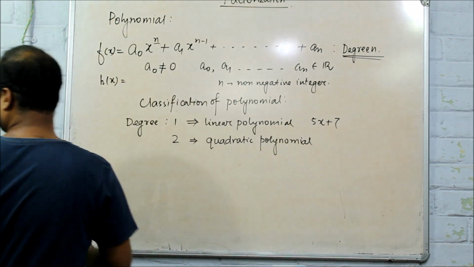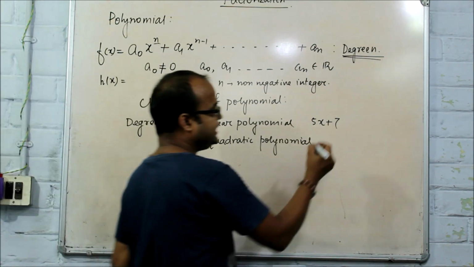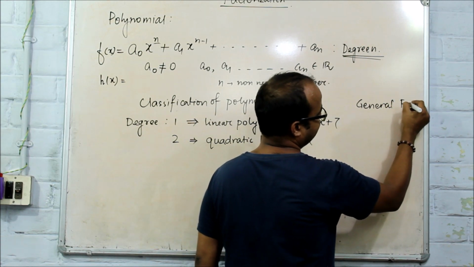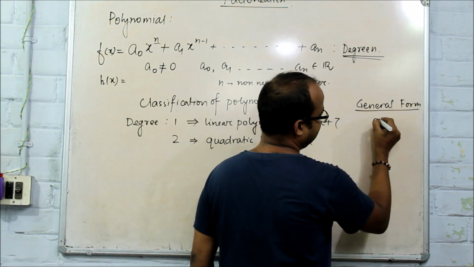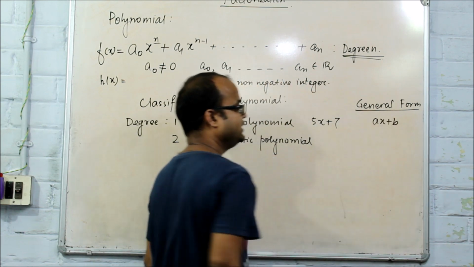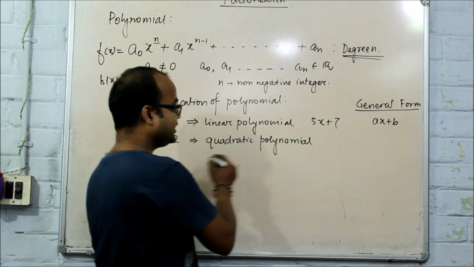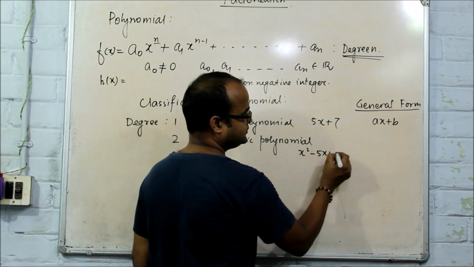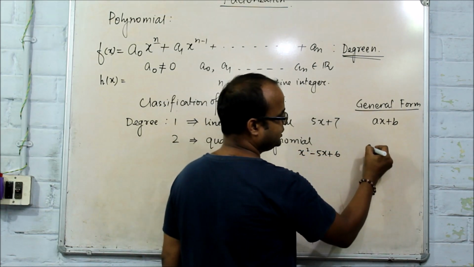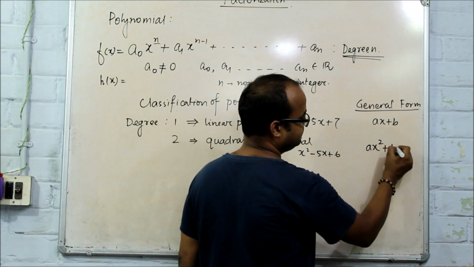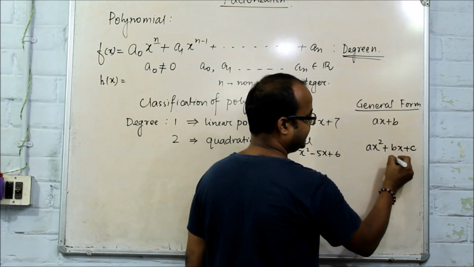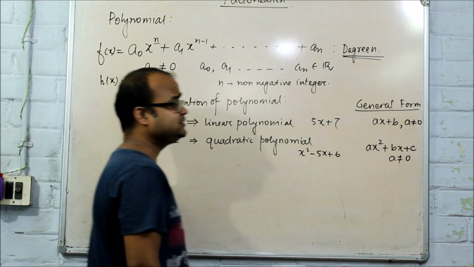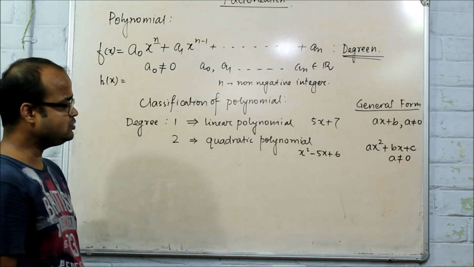At the same time, I am writing the general form also. The general form of a linear polynomial is ax plus b. For a quadratic polynomial, you can take any example, suppose x square minus 5x plus 6, and the general form is ax square plus bx plus c, where a is not equal to 0. In the same way, the leading term coefficient must not be equal to 0.